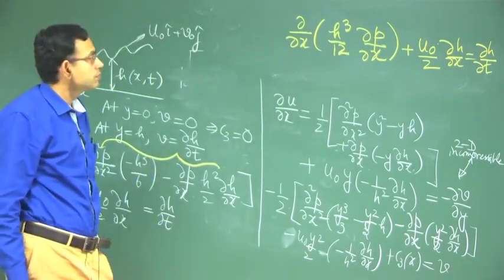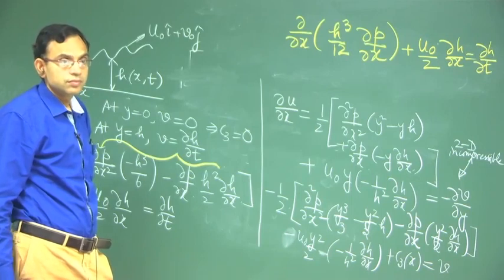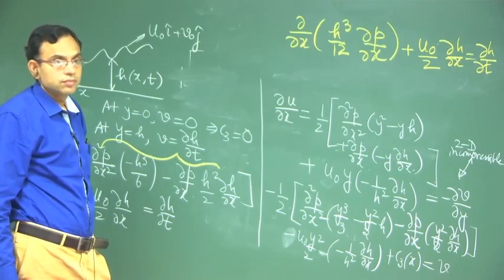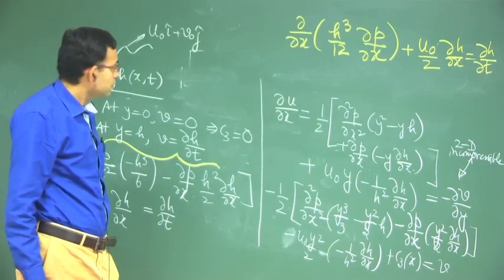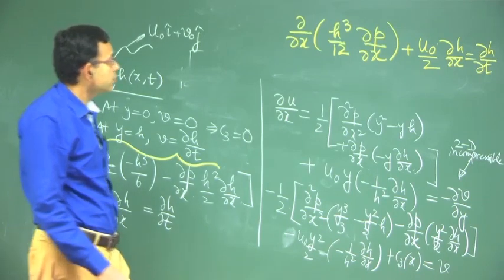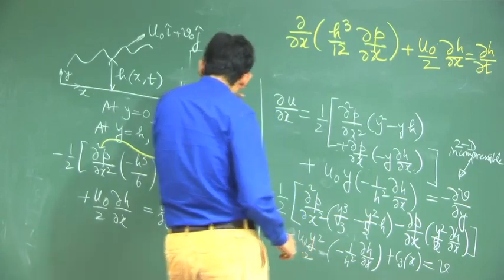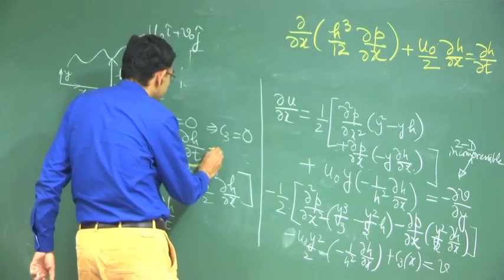Okay. Sir, is del H del T numerically equal to V0? Yes, this is V0, this is V at y equal to h, this is equal to V0.